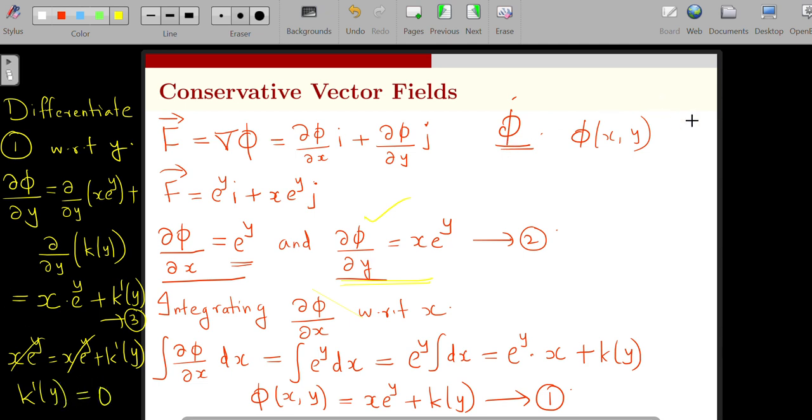The derivative equal to 0 means that k(y) is a constant, say k. So what you obtain is that the scalar function φ(x,y) is given by x e^y plus k, a function of the form x e^y plus k.